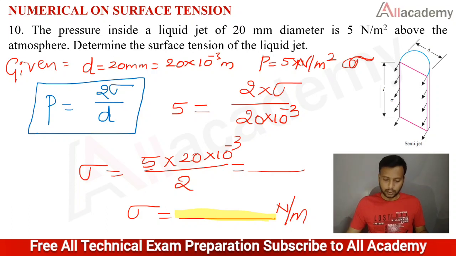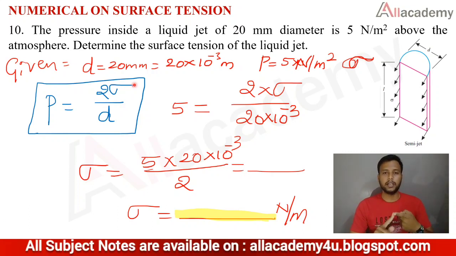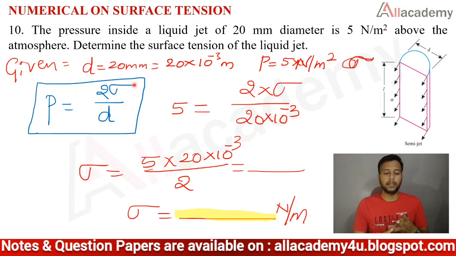Okay, now let us move to the next numerical. So these are the three different types of numericals on surface tension. The first one is on the liquid droplet, the second one is on the soap bubble or hollow bubble, and the third one is on a liquid jet.